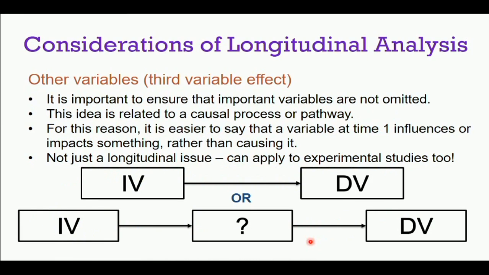The other thing, and this is a really serious threat, is there might be a third variable, a spurious variable. Like in the ice cream example, you might find temporal stability, that ice creams consistently predict violence, but there's a third variable like temperature you haven't controlled for.